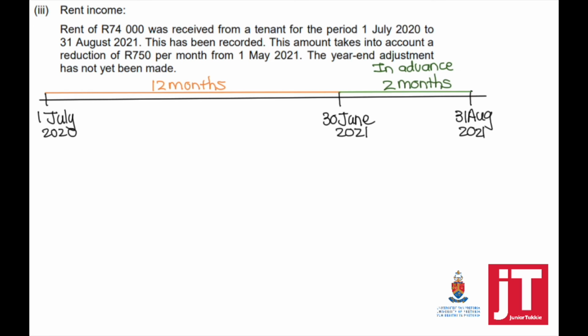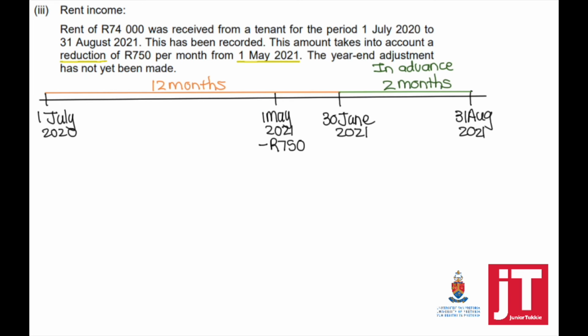But now if I look at this, our accounting period is 12 months. So the rent has been received 2 months in advance, which means in total, the rent was received for 14 months. But now I cannot just take that 74,000 and divide it by 14 because of the rent that was reduced by 750 per month from the 1st of May 2021.